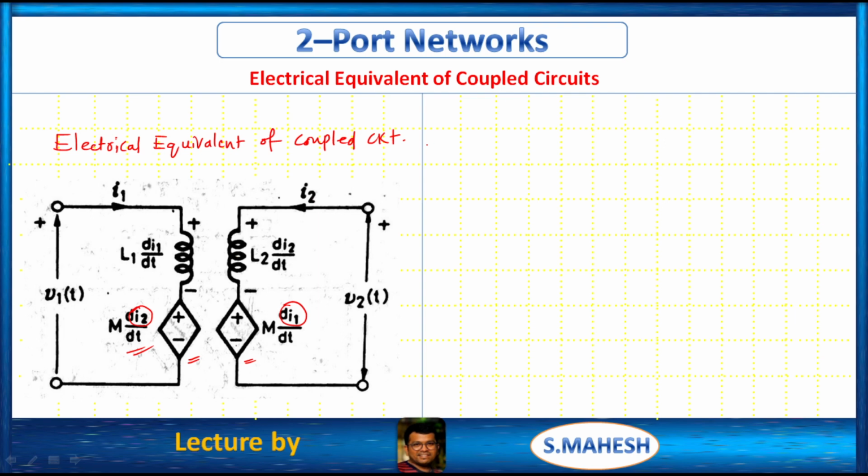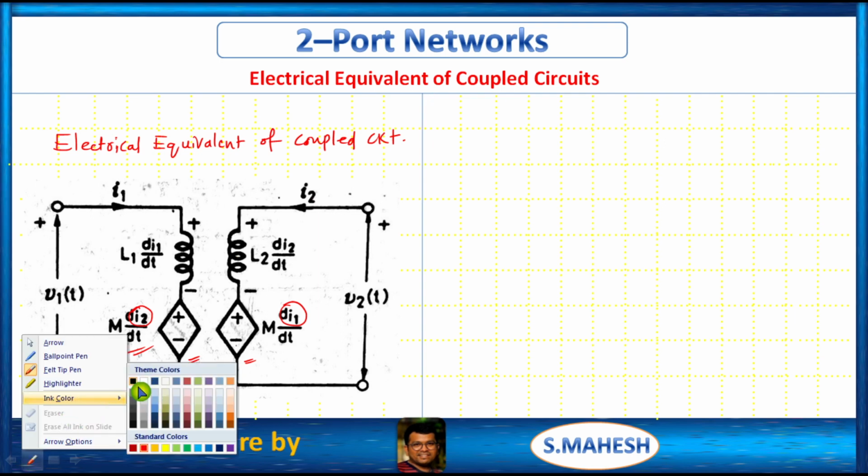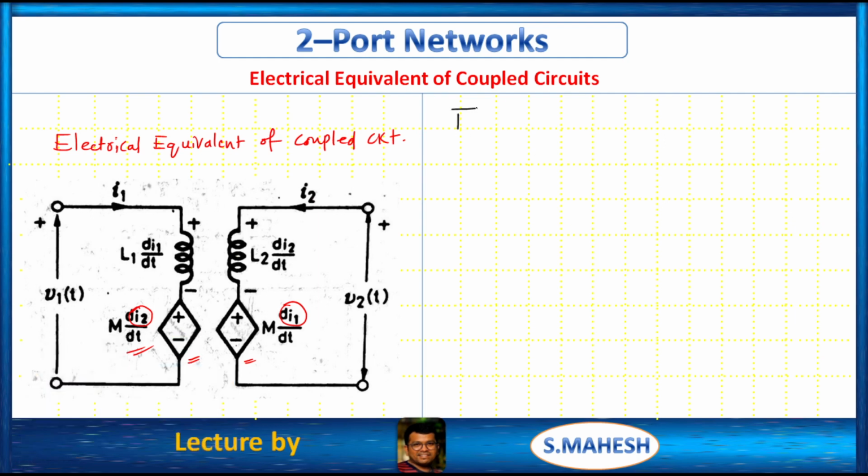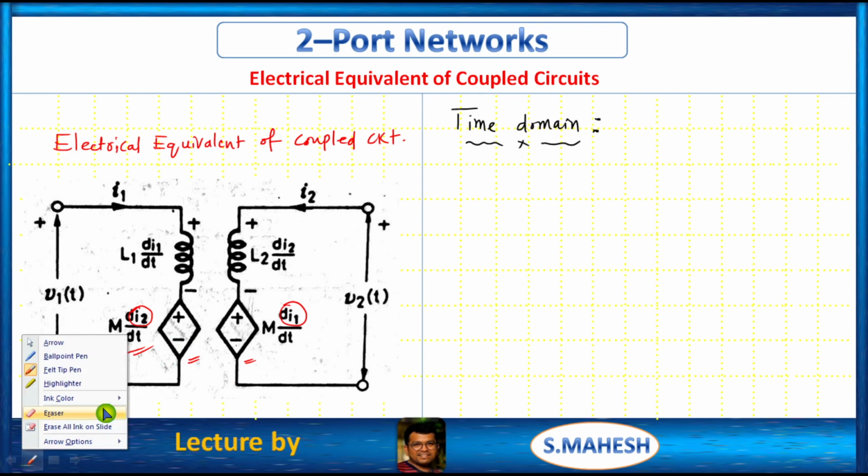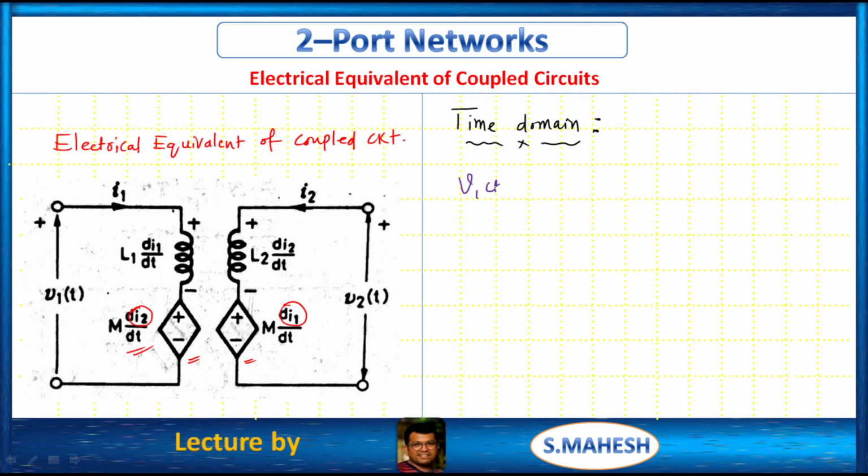So first we get the analysis with respect to time domain voltage drops, then apply KVL based upon the current direction. Applying KVL, from the first loop V1 of t equals L1 di1 of t by dt plus M into di2 of t by dt.